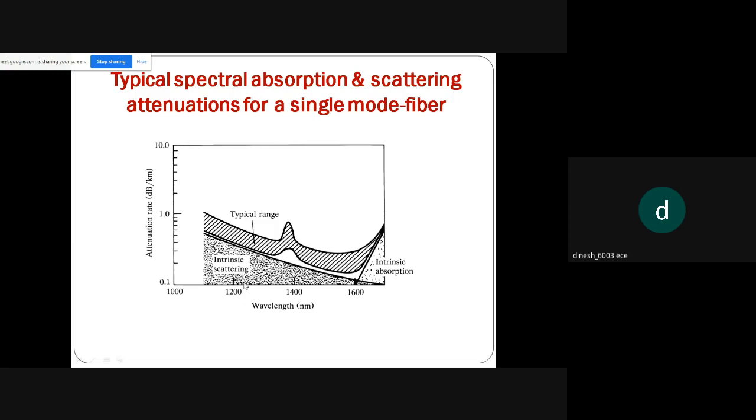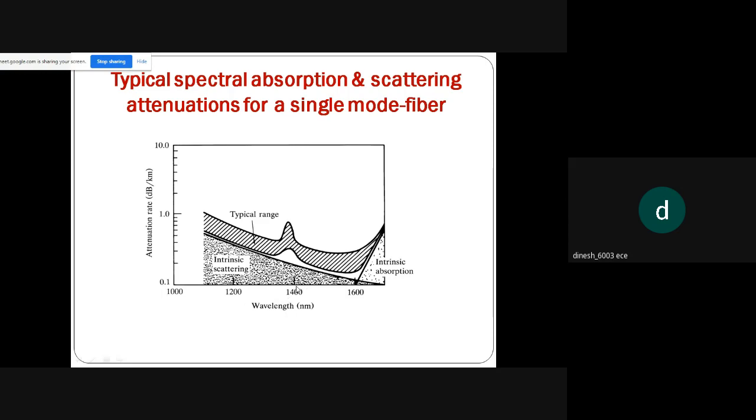The intrinsic scattering due to Rayleigh Scattering Law for 1100 nanometer is around this point, it would be around 0.6 decibels per kilometer. And at around 1200 nanometer, it is 0.3 decibels per kilometer, intrinsic scattering.